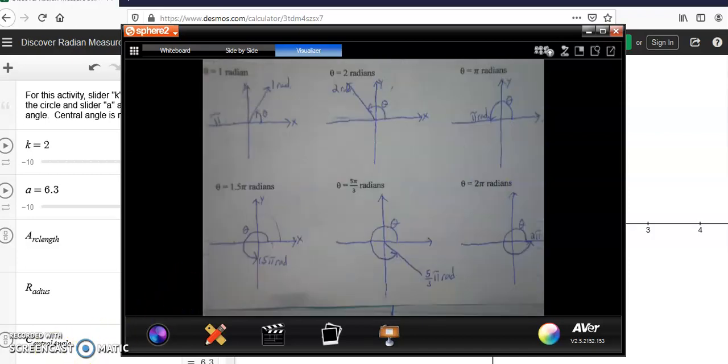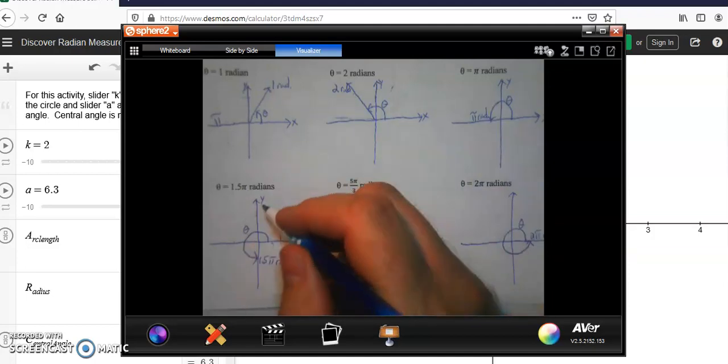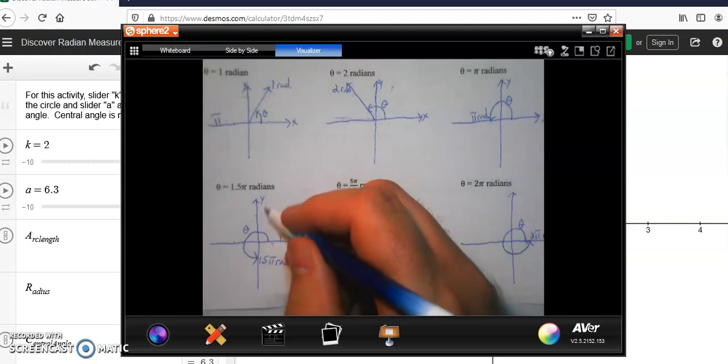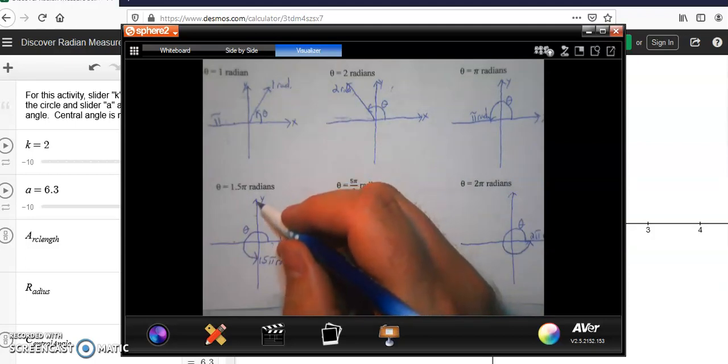So here are the answers to drawing the angles in radian measure. And again, what students will get confused with is we'll see 1.5 pi, and students will get confused between that and just 1.5. 1.5 would be up in the 1st quadrant, because 1.57 is pi over 2.